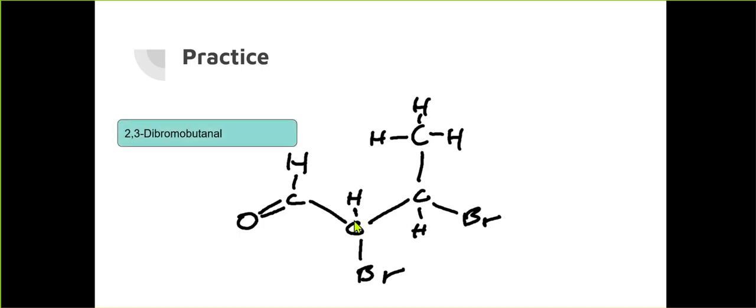And yes, you guys are right. So we've got 1, 2, 3, 4 carbons. So it's a butanal. And you start numbering here. So this is 2 and 3. So this would be 2,3-dibromobutanal.